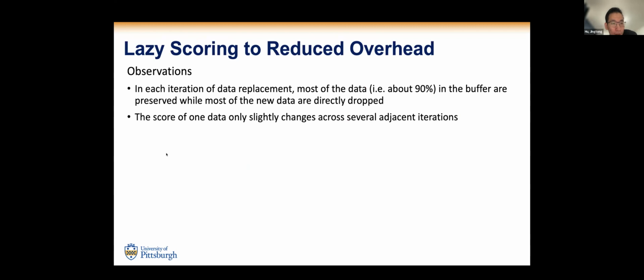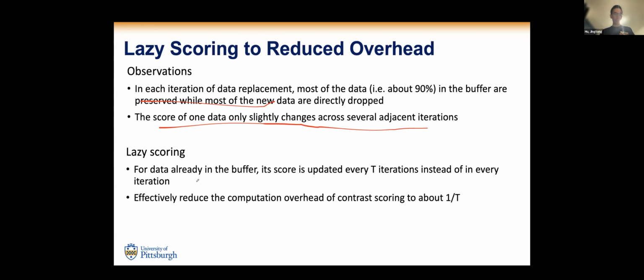Once we have this contrastive score, we also made another observation: in each iteration of data replacement, most of the data in the buffer are preserved, while most of the new data are directly dropped. So the score of one data point only slightly changes across several adjacent iterations.